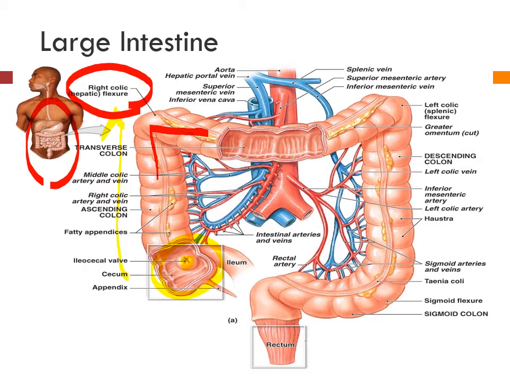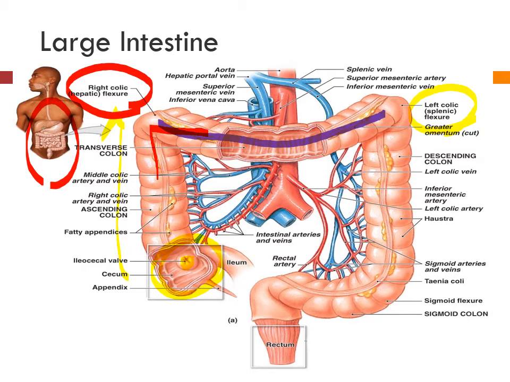So the ascending colon goes up to the hepatic flexure, and then the hepatic flexure marks the boundary between the ascending colon and the transverse colon. The transverse colon proceeds transversely across your body over to the splenic flexure, which is also called the left colic flexure.